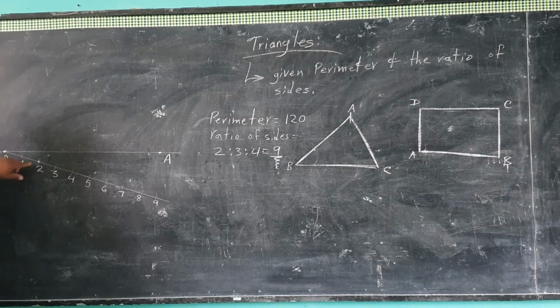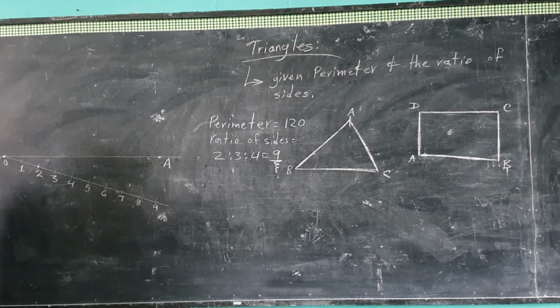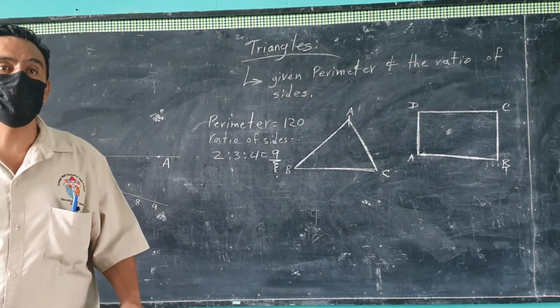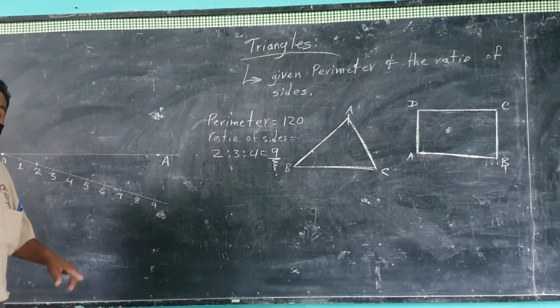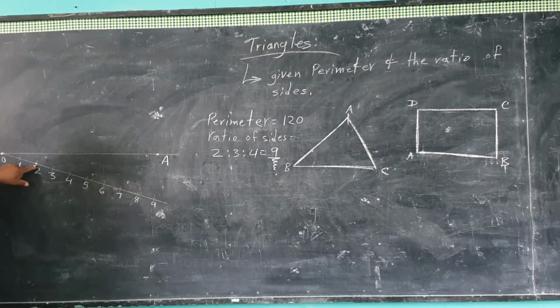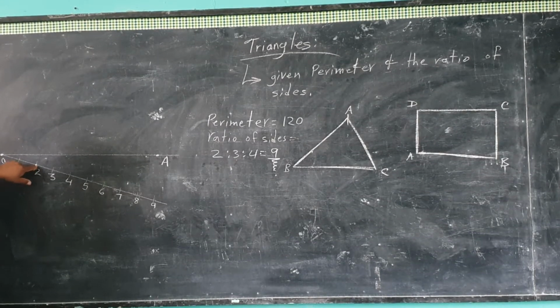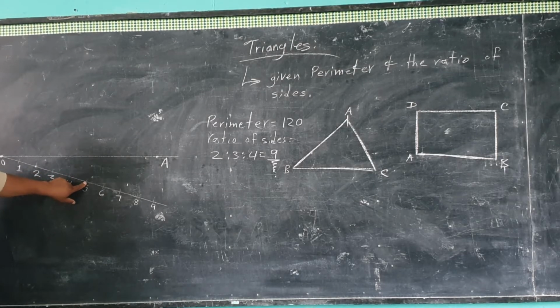That's the first ratio where I have this point here. What is the next portion or next ratio? 3. So I take that 3 now, look at this, where I ended. I ended here. So this is 0, 1, 2, 3.